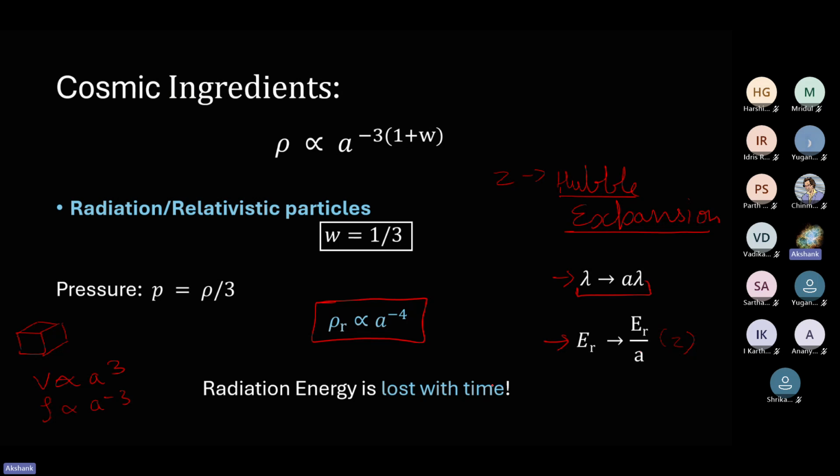Now, what is interesting here is that this energy is actually being lost to space. As space is expanding, the wavelength is increasing. So the energy of the radiation which was there has been reduced. And where has this energy gone?